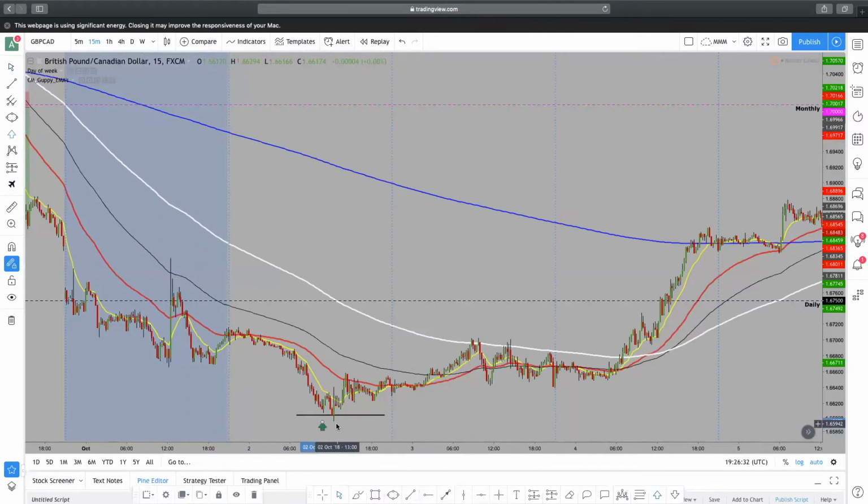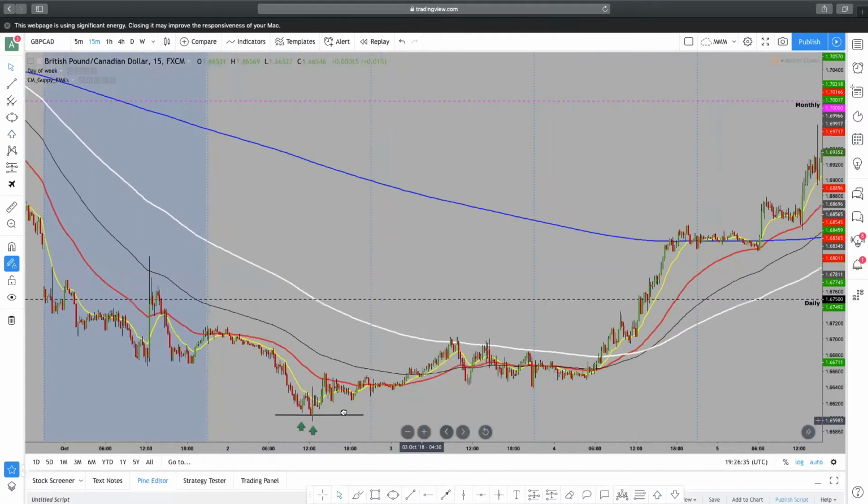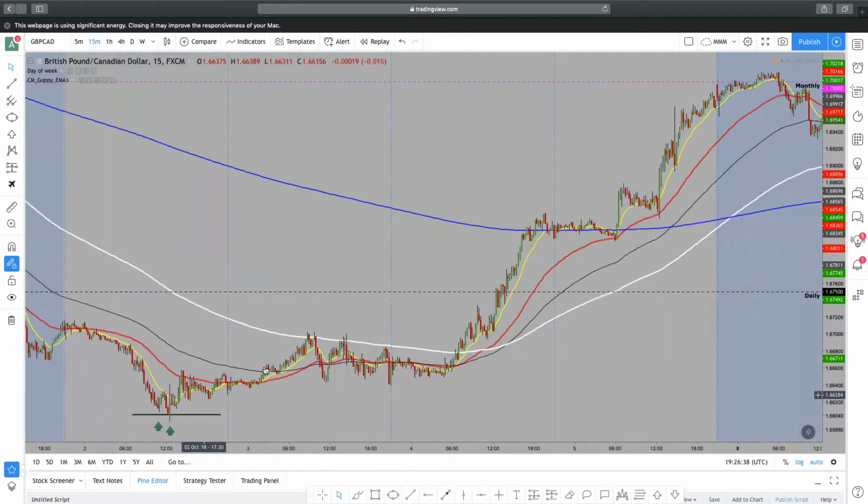The market didn't break this, right? So we came to the next day, the market came again to our EMA, made an M. We are still selling. The market came to the EMA, stop hunted the people, made an M.